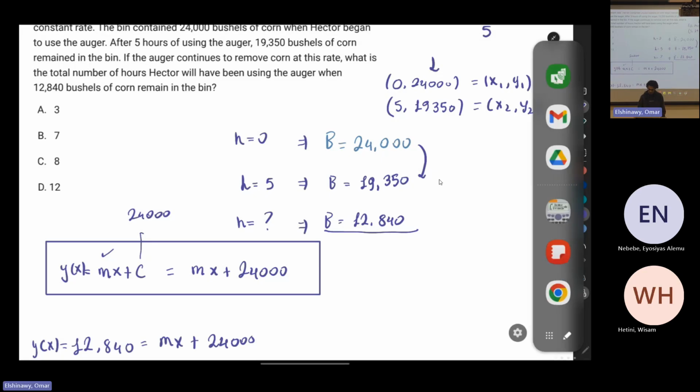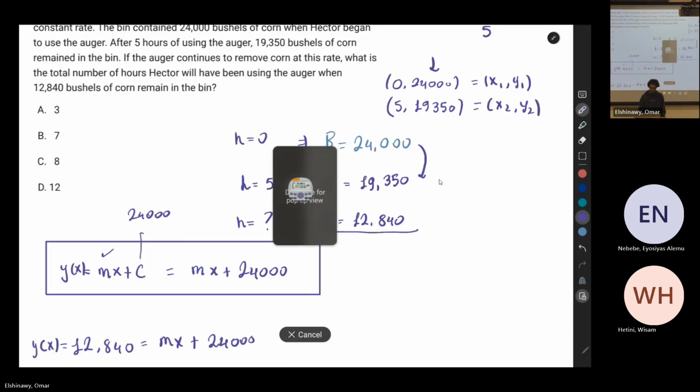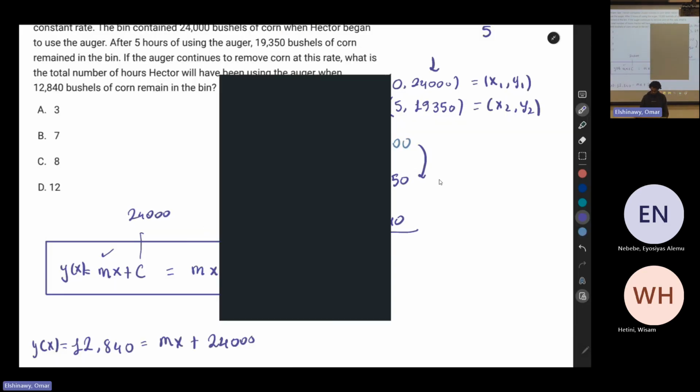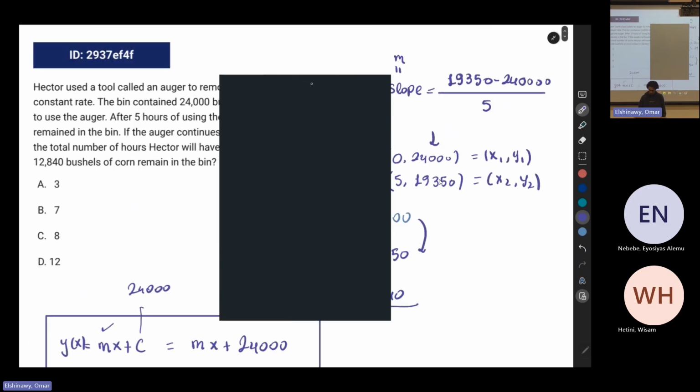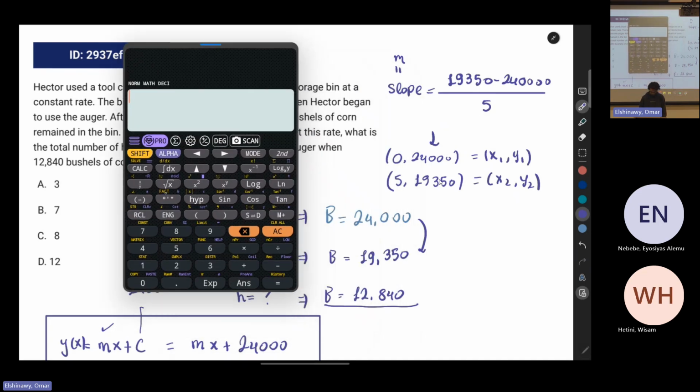Okay, maybe I do. We compute it very quickly. We get 19,350 minus 24,000 divided by 5. That's minus 10.